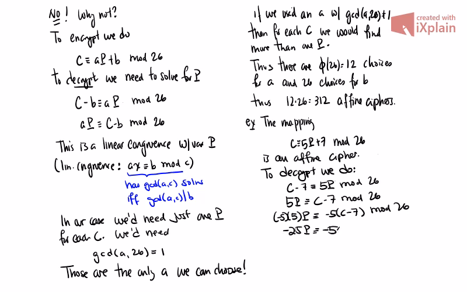So this becomes negative 5c plus 35. And negative 25 is the same as 1. So p is congruent to negative 5, which is the same as 21, times c, plus 35, which is the same as 9 mod 26.